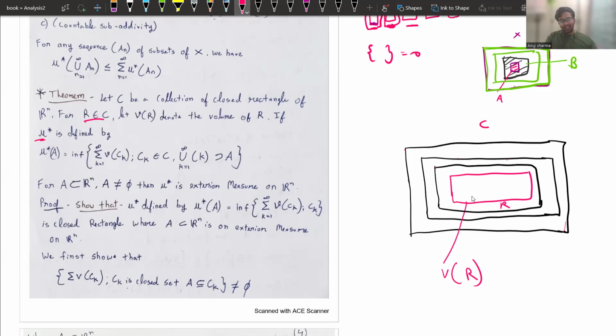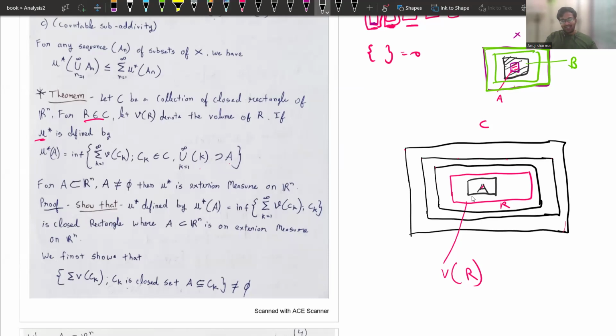And the union of the C_k, the union of all the rectangles, contains A, that is, A is a subset of the union of the C_k. Let's take a small element, A, like this. This is one more rectangle. So A is a subset of the union of all the rectangles.